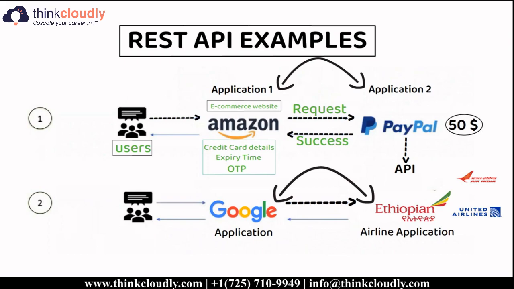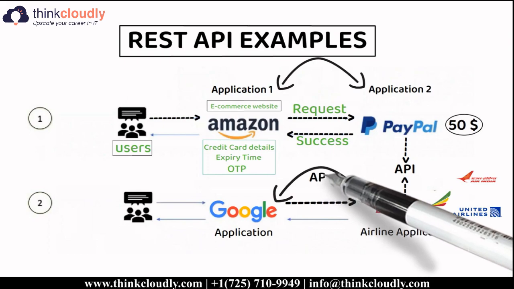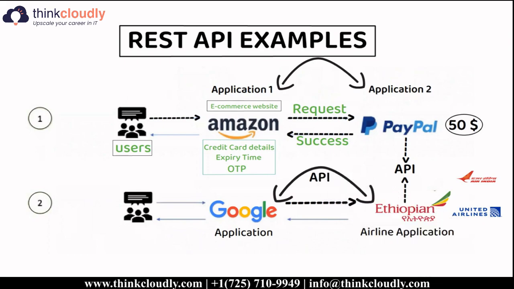It is possible because the Ethiopian Airlines application exposes an API. So with the help of API, Google is able to communicate with Ethiopian Airlines. There is no magic which is happening around the globe. It is API which is actually making things possible within few clicks, few seconds. So within few seconds, everything is done.